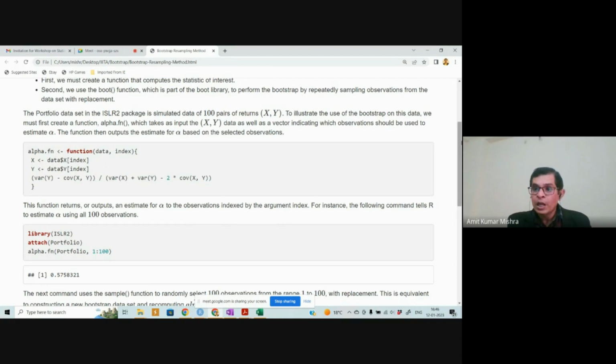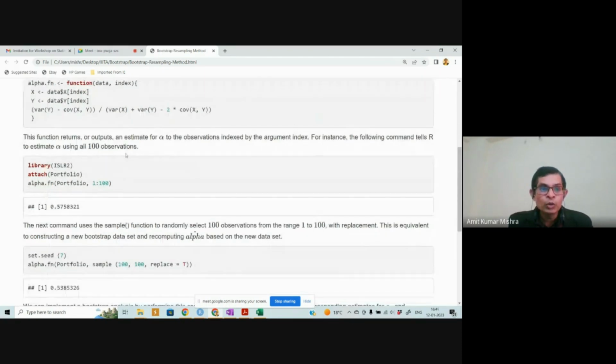Then you call the library, attach the data portfolio, and now if you apply this function on the portfolio data with all the observations 1 to 100, recall there were 100 observations. If you use all the 100 observations, then the estimate of alpha is this, which is the original one based upon real data.